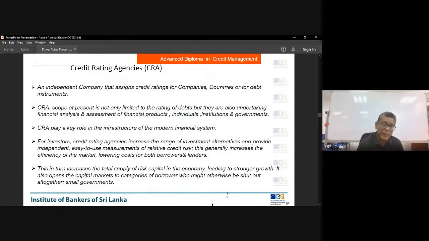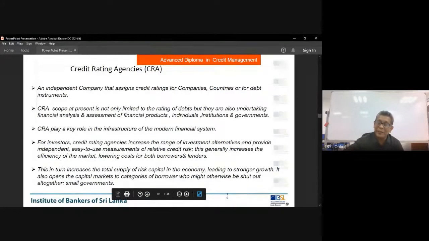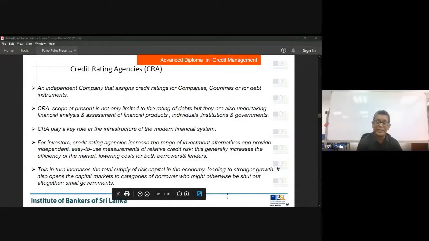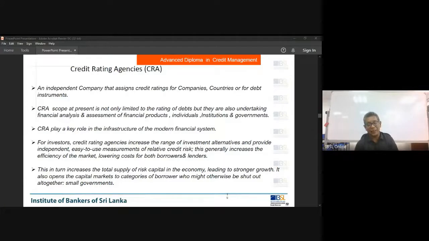Now, who regulates Sri Lankan credit rating companies? Can anyone tell who regulates the rating companies in Sri Lanka? Any suggestions? Is it the central bank? Yes or no? Who is regulating the credit rating agencies in Sri Lanka?